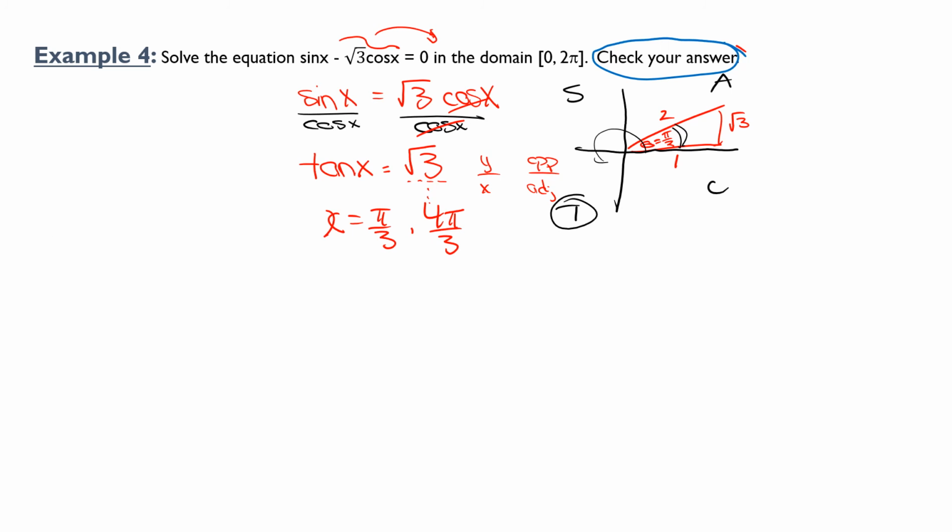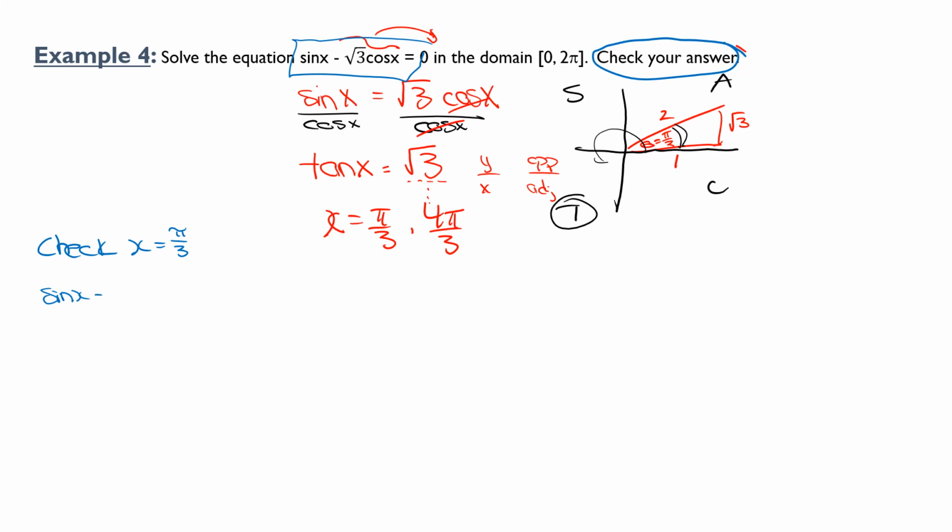Let's first check our first answer, x equals pi over 3. You can do your check with a left side, right side, or a t-chart, but you have to do them separately. You can't bring things across the equal sign. So I go up to the original equation. This is my original equation here. Let me write that out.